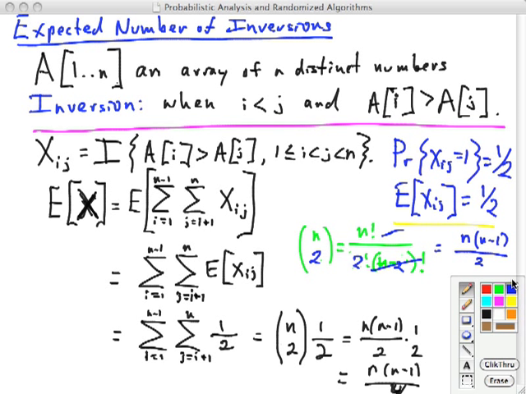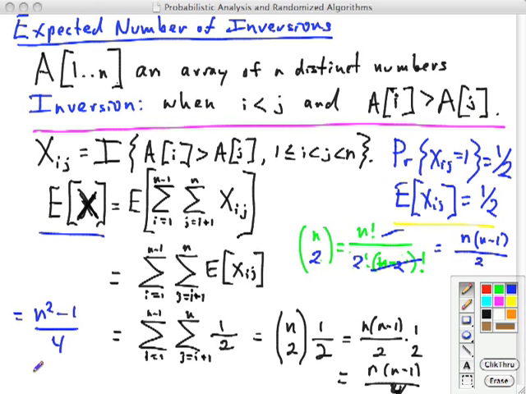So I'm going to write over here the final result, simplifying that further: n squared minus n over 4 is the expected value of the number of inversions in a random array of numbers. Now remember, when we did the best case, it was 0.